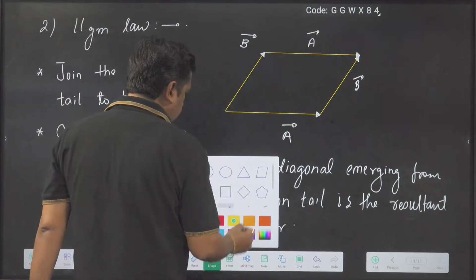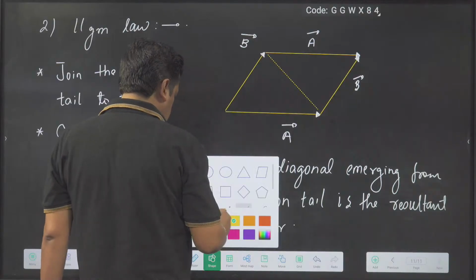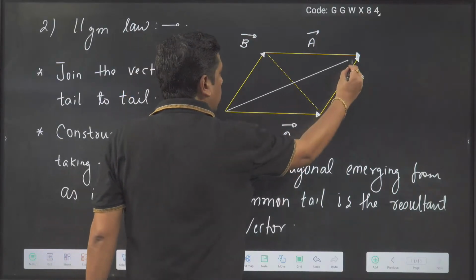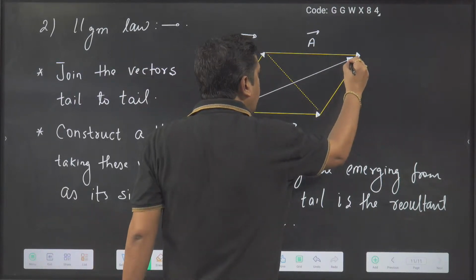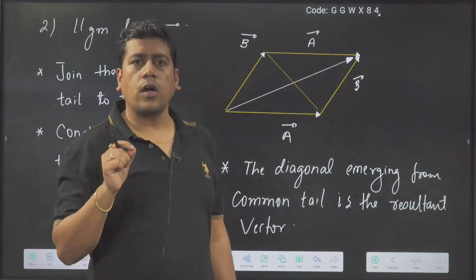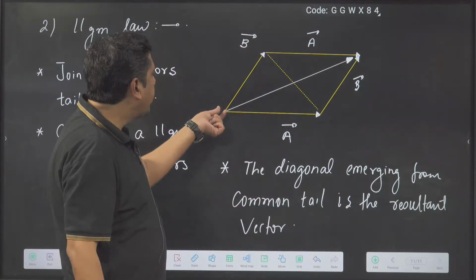See, there are two diagonals. One is this one. Another one is this one. I'm not saying longer diagonal or shorter diagonal. What I'm saying is, you have joined A vector and B vector tail to tail.